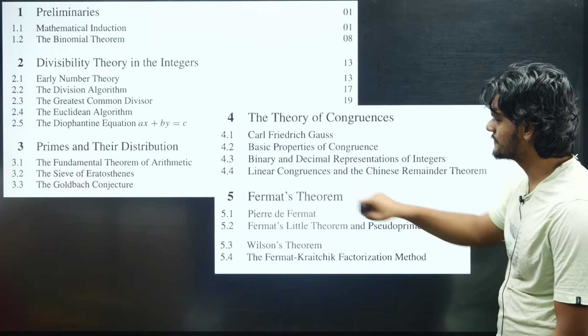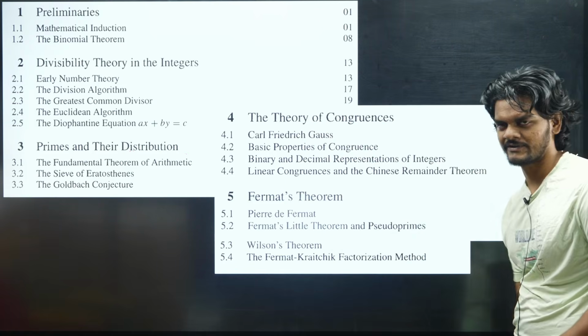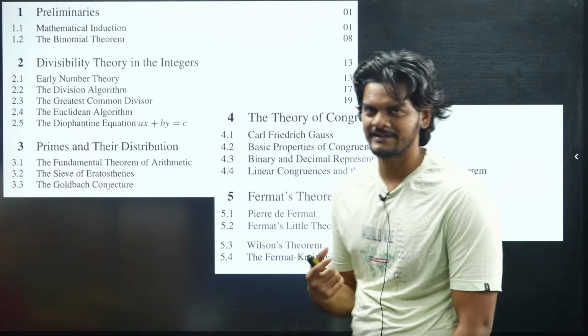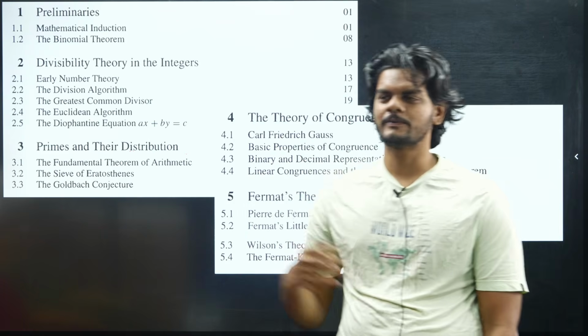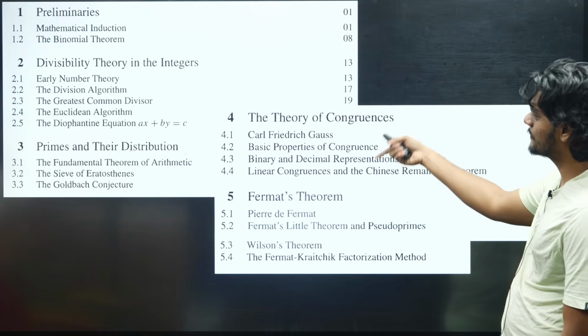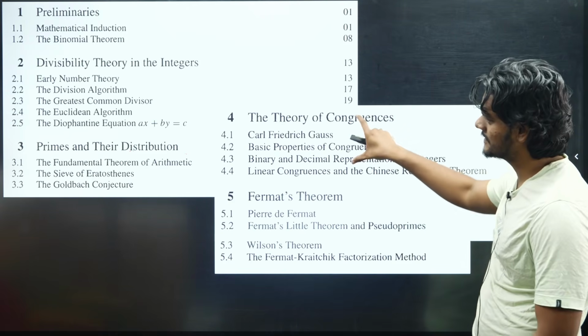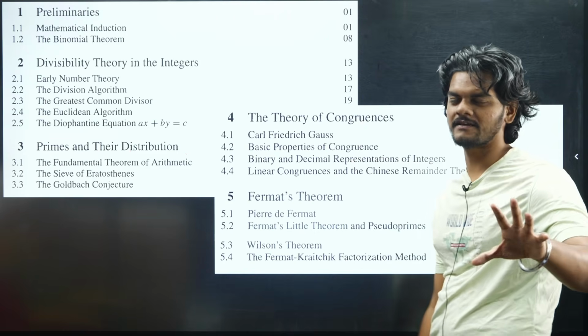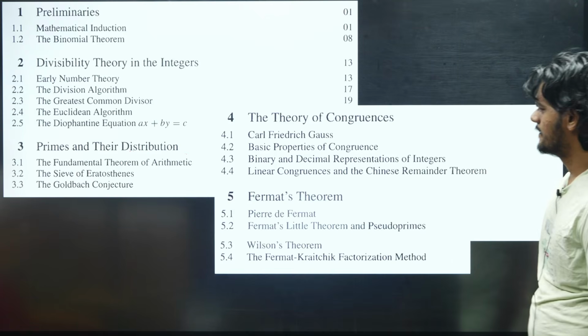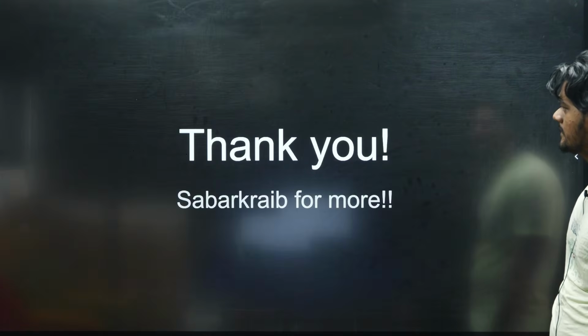In the first part of the 5th chapter, Fermat's biography is given. You will find it very fascinating when you read it, so you can just open the book and read the biographies, I don't mind. Then theory of congruences, integer congruences, something totally missing in the school syllabus of almost any board. Fermat's theorem, important.